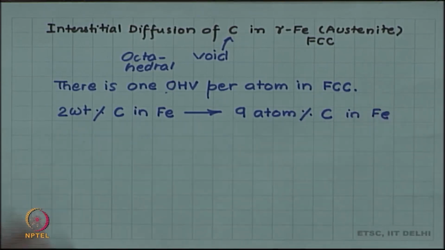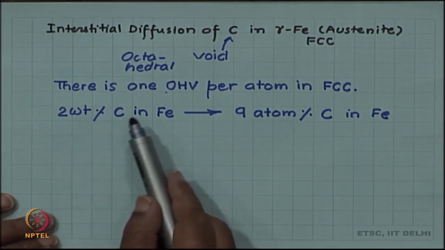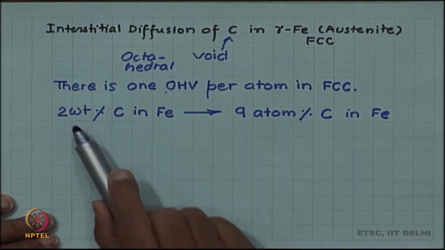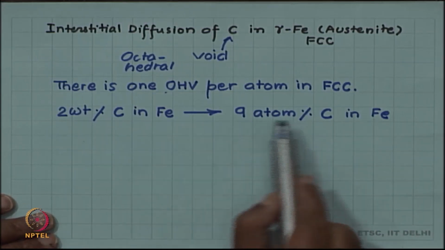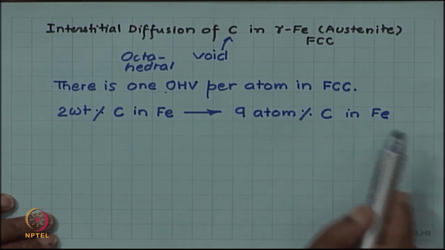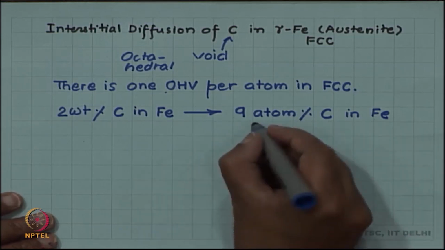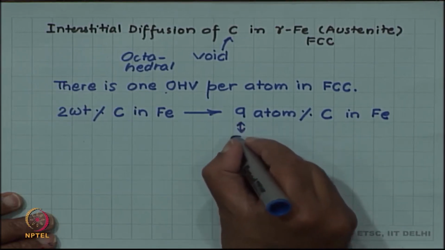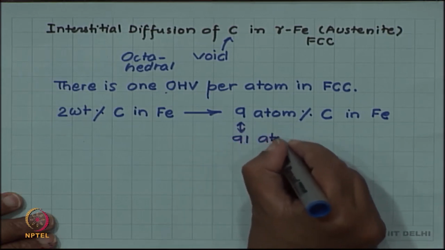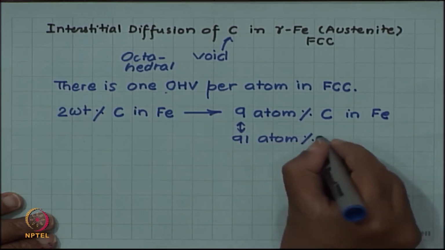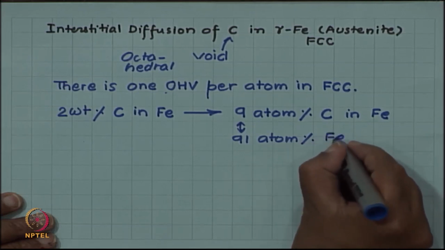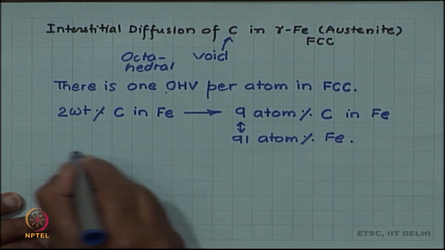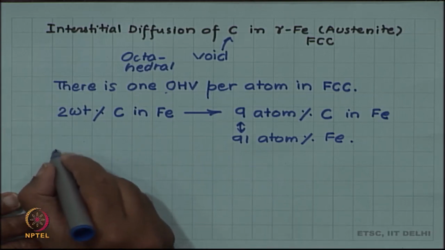Carbon is lighter, so for a given weight there are more carbon atoms than iron atoms. So, 2 weight percent carbon, if you calculate the atom percent, you will get 9 atom percent carbon, which means equivalently 91 atom percent iron. So, let us calculate for 100 atoms.